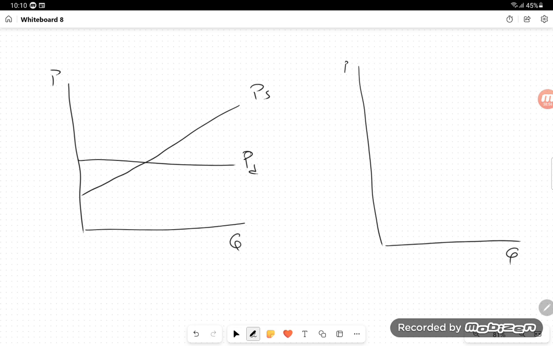If the government is going to impose tax, the inverse supply curve will shift upward. And this is the new supply curve.